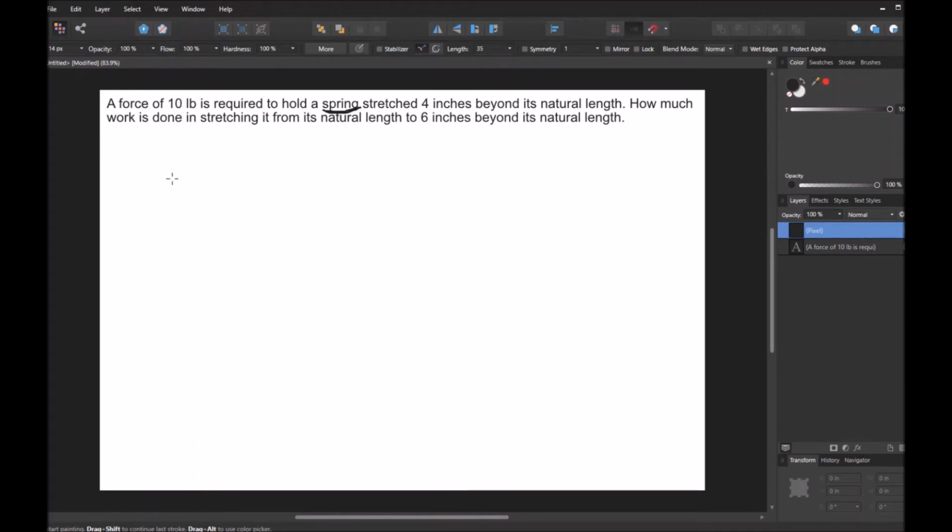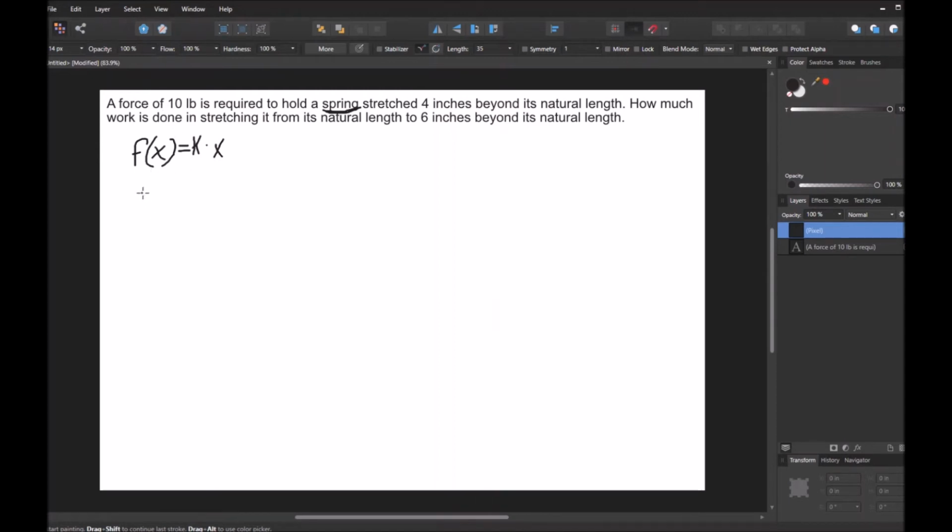Remember that Hooke's law says that the force required to maintain a spring stretched x units beyond its natural length is proportional to x, meaning f of x, which is our force equation, is equal to k times x, where k is a positive constant.